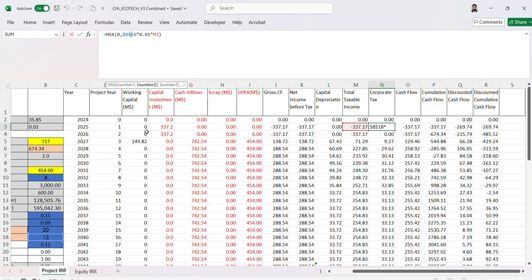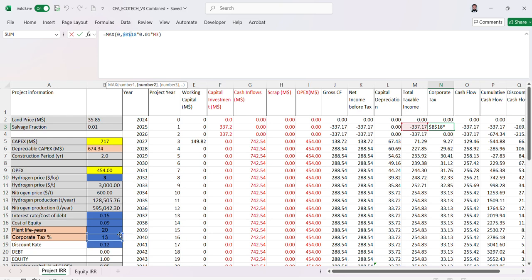B18 is our corporate tax percentage, which we assumed to be 13%, and the 0.01 is making it a percentage. M3, the total taxable income, is multiplied by this tax percentage.